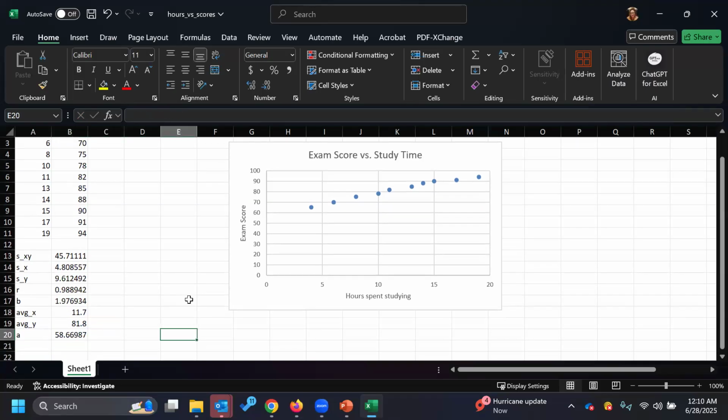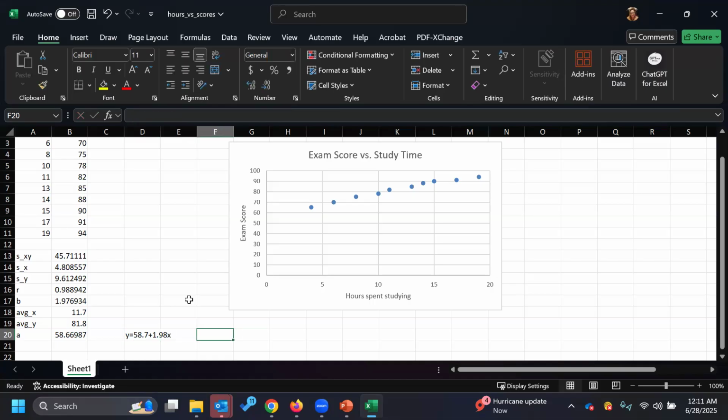All right, that means our equation looks like y is equal to A, which is 58.7, plus B, which is 1.98, times x.